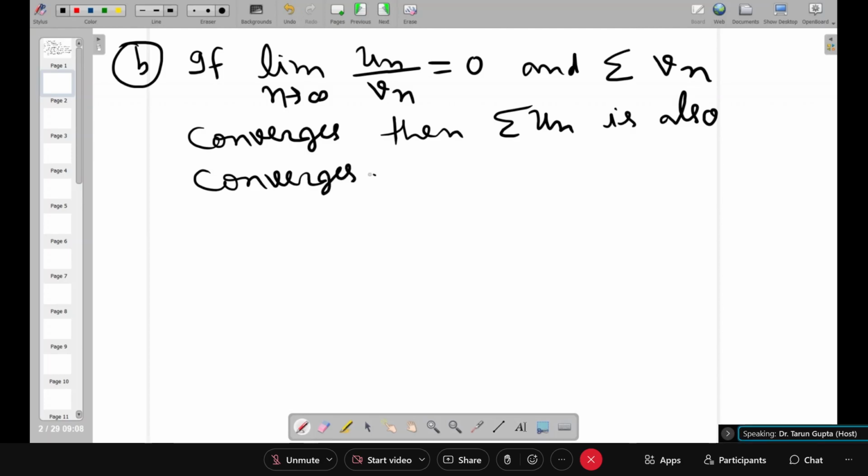Means if we take the limit of un upon vn and we are getting 0, and we know that summation vn is a convergent series, then summation un will also be convergent.